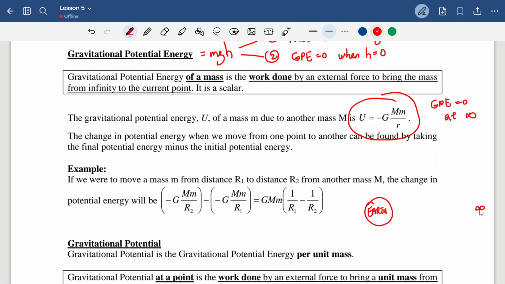Let's say you're at infinity. Your GPE is going to be 0. As we go towards Earth, do we gain or lose GPE? Lose, right? It's like you drop nearer to Earth, nearer to the ground. Because you lose GPE, you are losing from 0. Your GPE is always negative.